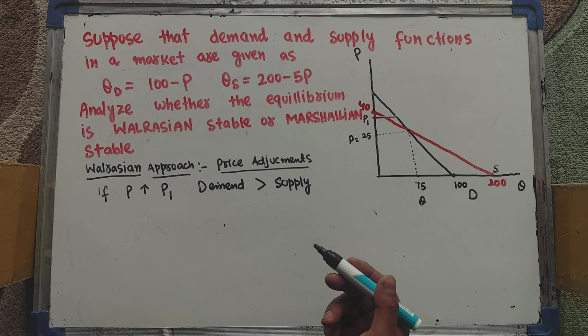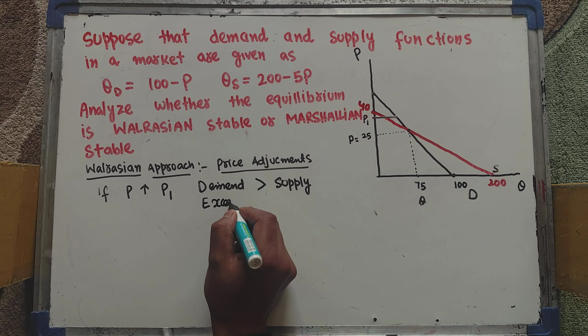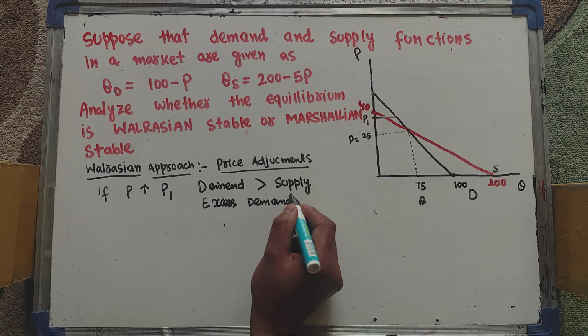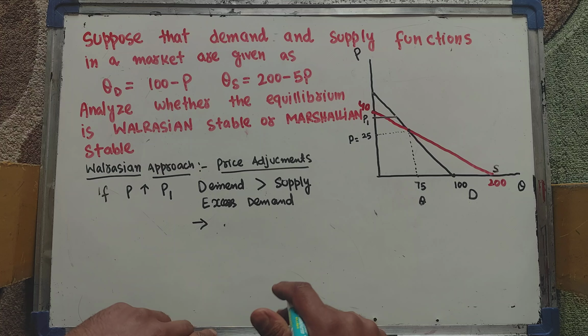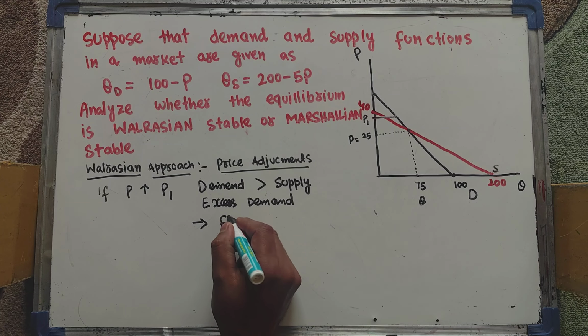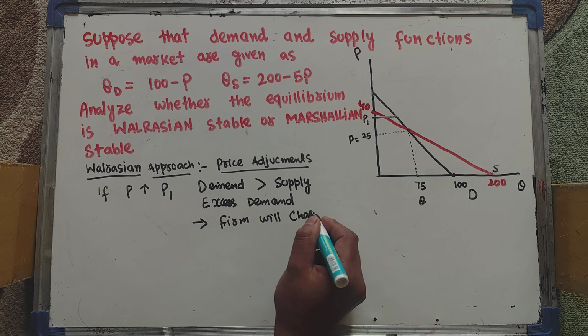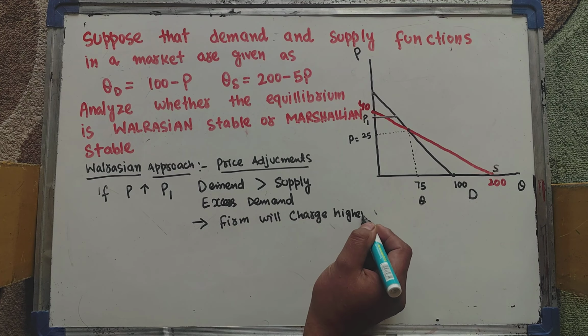Now what happens then? We have the excess demand. If we have the excess demand, what will happen? Firms will charge a higher price.